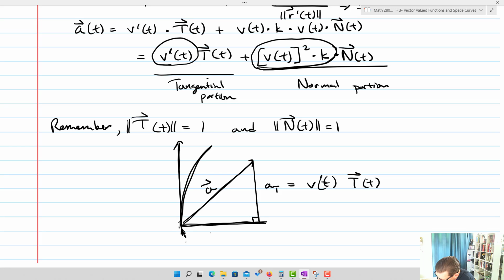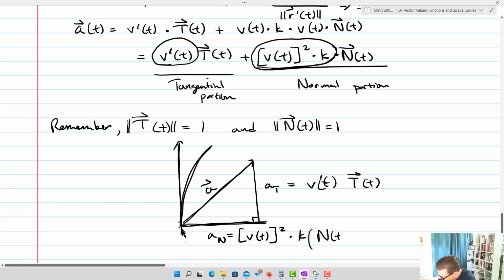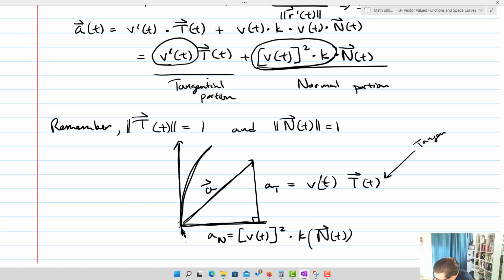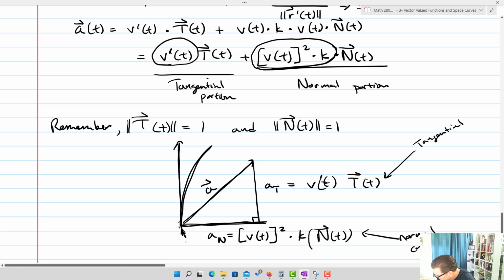And then here's a sub N, which is our normal component, and that's going to be v of t squared times the curvature times N of t. Okay? And there we go. So here we have the tangential component of the acceleration, and here we have the normal component of the acceleration. Those are our two components, and that's how we end up with the formulas that we got for them.